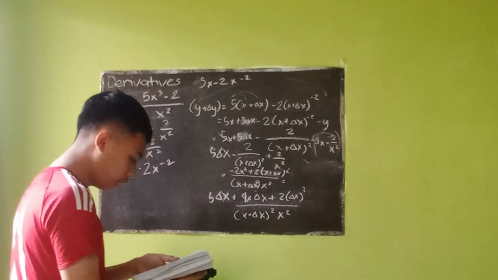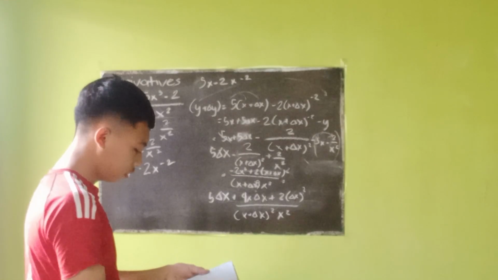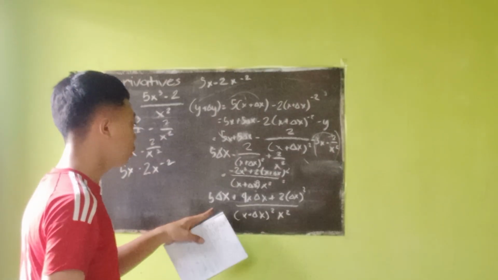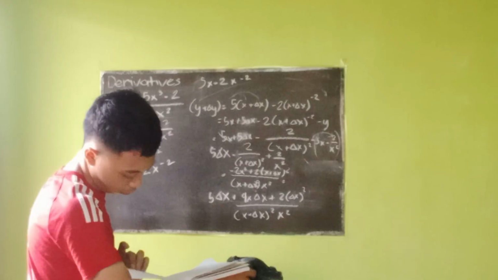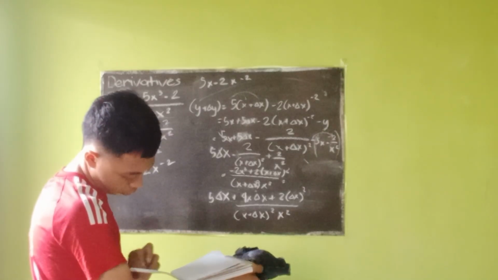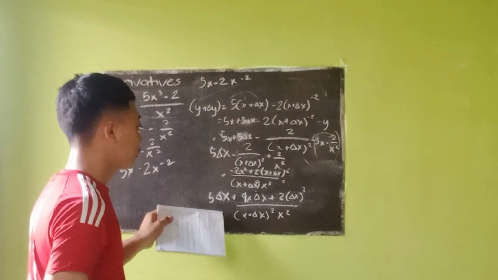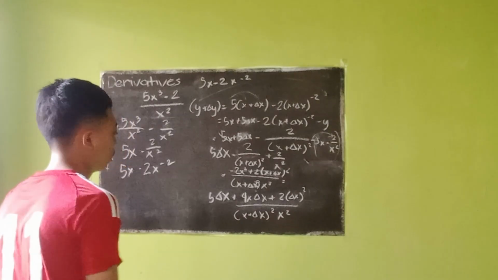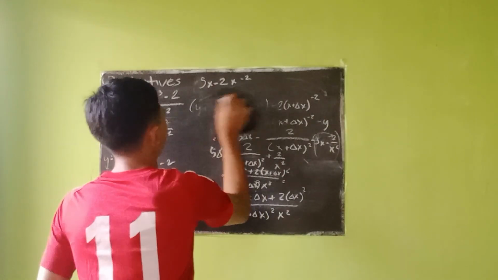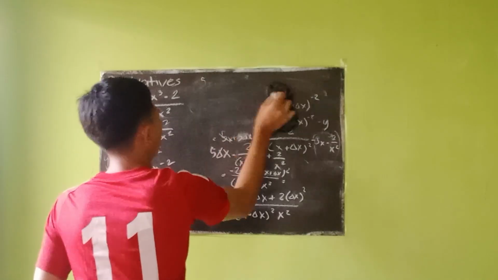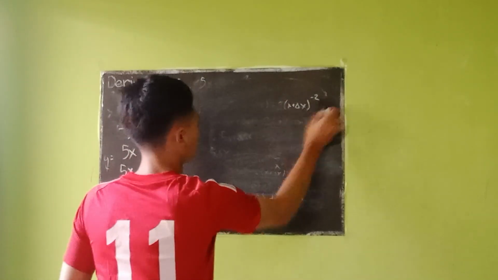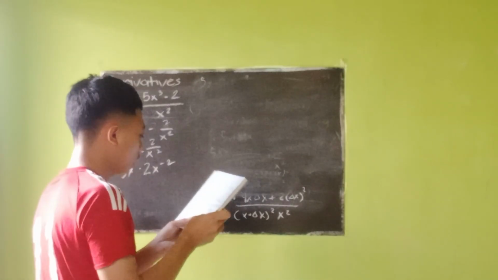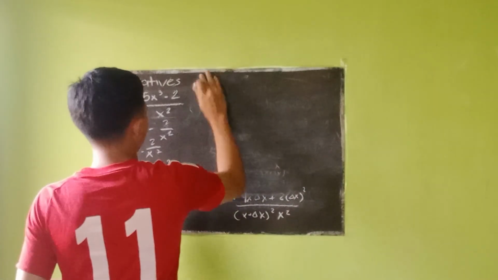And then after that, once you are done with that, you can now divide that one, the x, by the delta x, since it is part of the limit. Now let's try to erase this one. Alright, so we can now do that one.